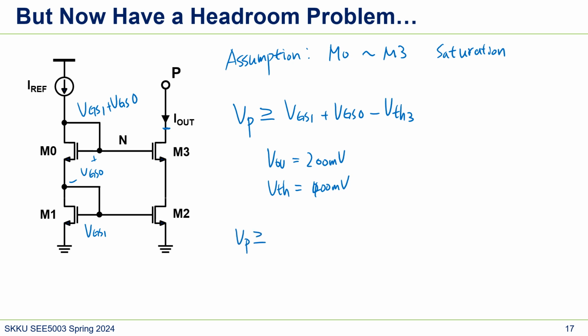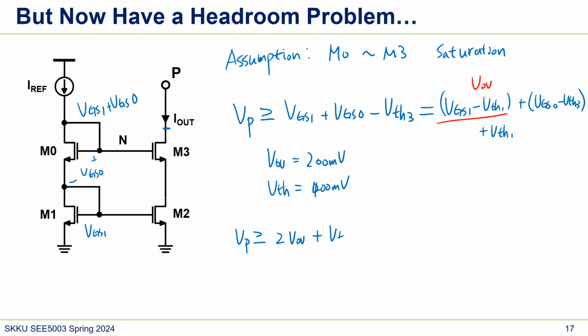VP should be larger than VGS1 minus VTH1 plus VGS0 minus VTH3 plus VTH1; they're the same, so we can approximate it as 2 VOV plus VTH, and it turns out to be 800 millivolts.